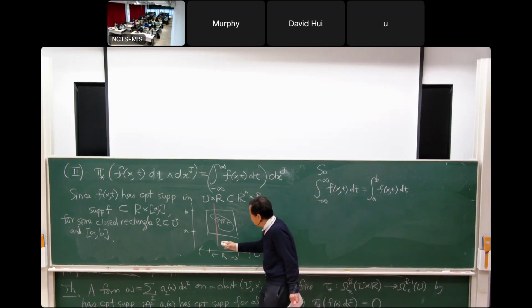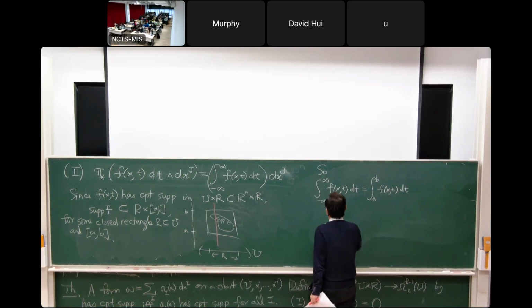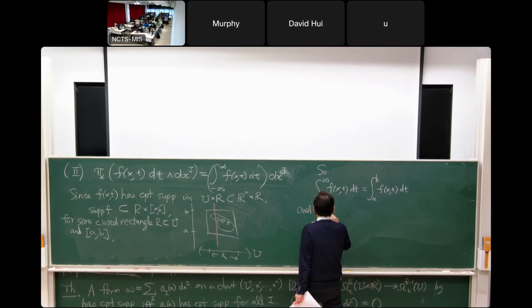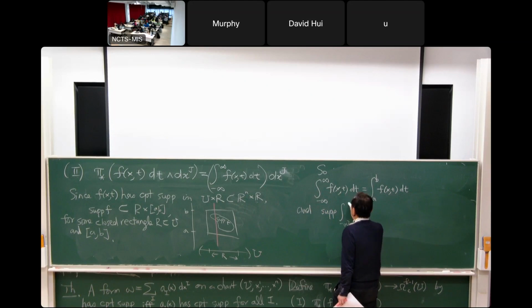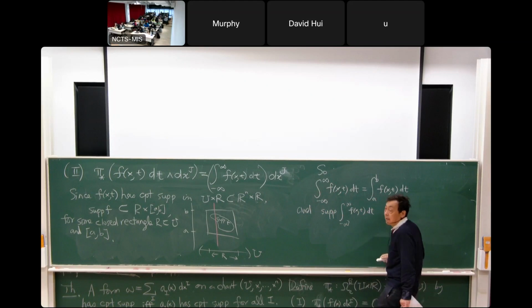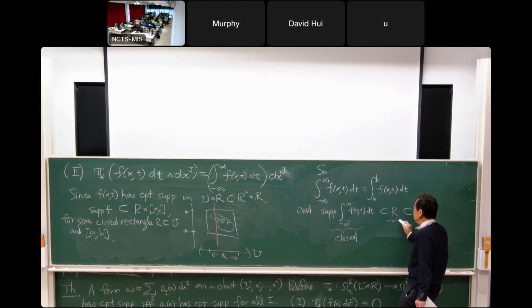And well, so that's why it's defined. And then you can see that the support of the integral, which is a function of x, has to lie inside R. The support of the integral is in the closed rectangle. And this is a closed subset, and R is a closed rectangle, so it's a compact set.